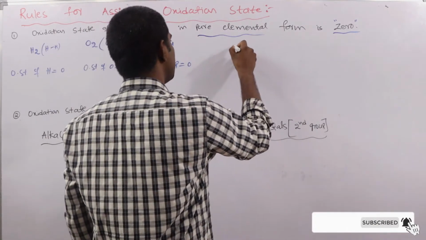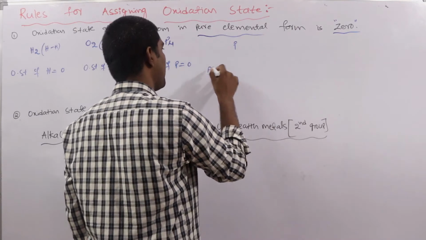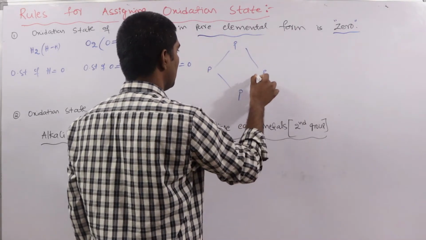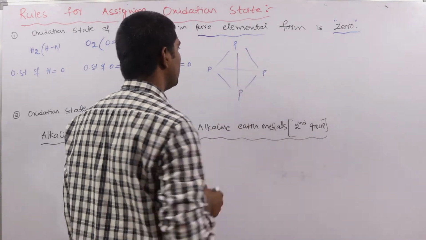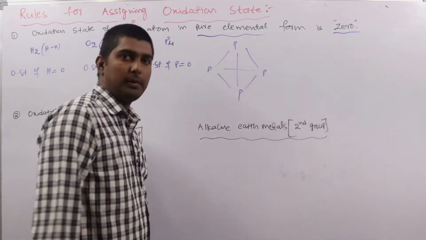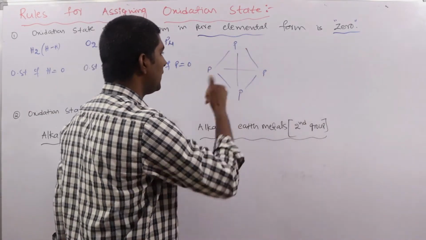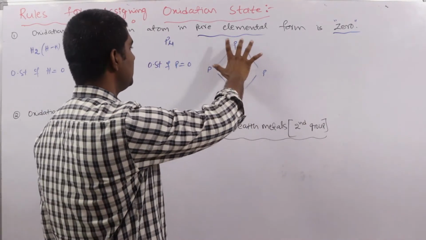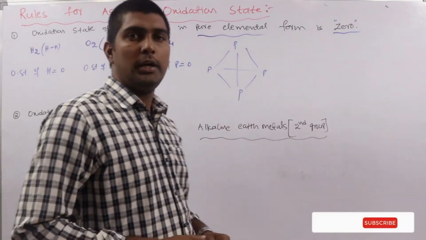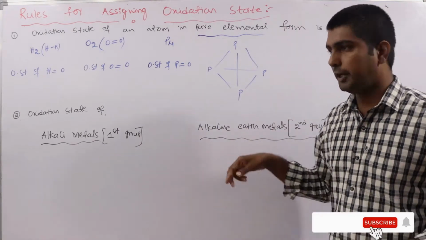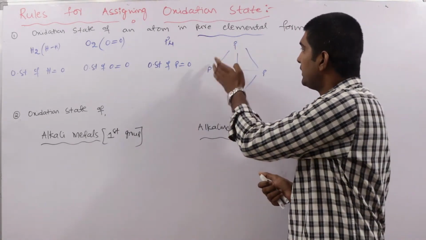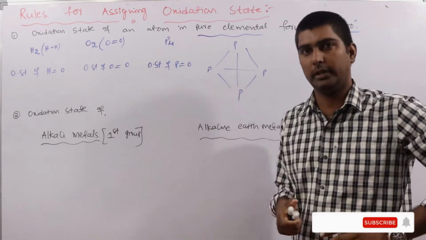If we see the structure of phosphorus, each and every phosphorus is attached to the same phosphorus atoms only, so that's why the oxidation state of phosphorus is 0. Simple thing: if an element is attached to the same type of element, then its oxidation state is 0. Here phosphorus is attached to all phosphorus.